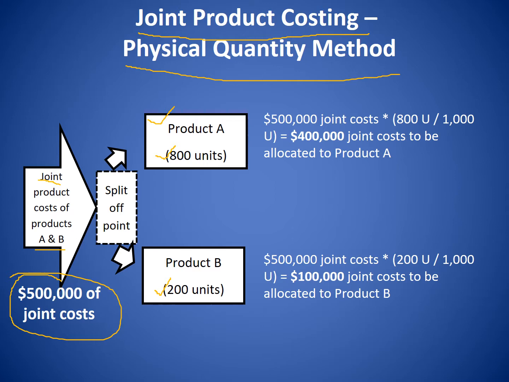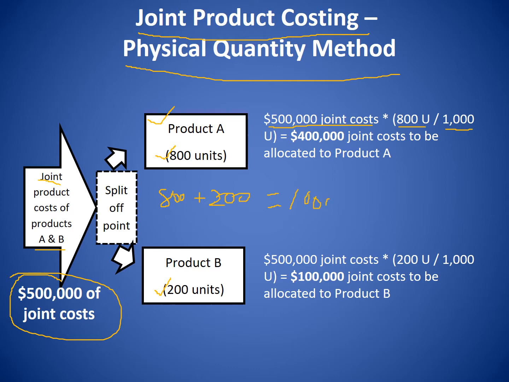So for product A, we take $500,000 of our joint cost, which is our total joint cost. We take the 800 units manufactured into product A, and we divide it by the total amount of units, which is the 800 units plus product B's 200 units, and those will add up to 1,000 units.